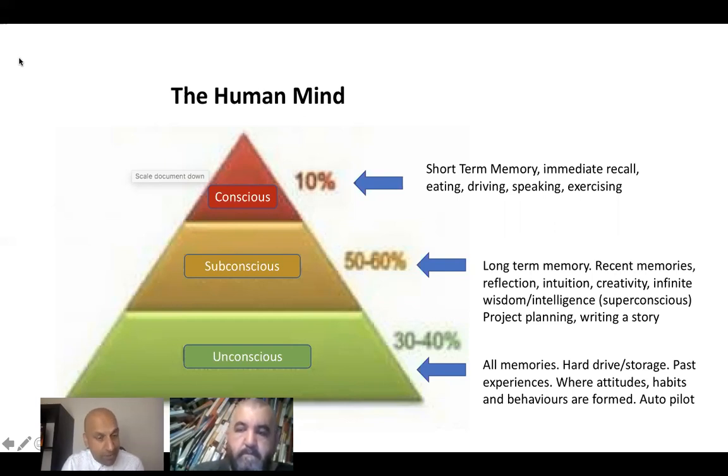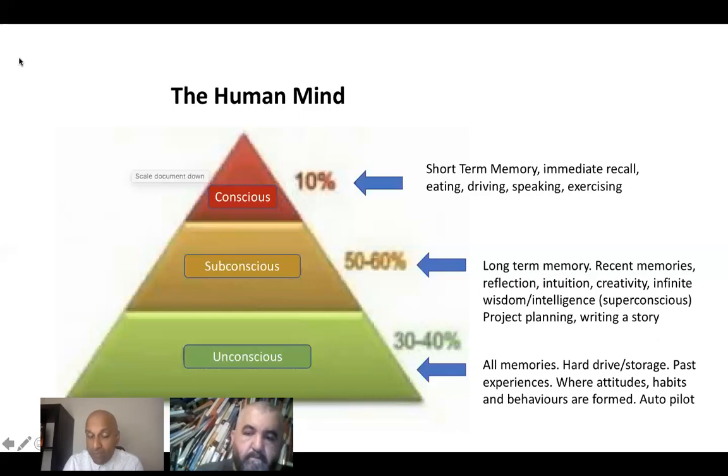Now, the actual layer behind the conscious mind is the subconscious mind. Some may argue that this is quite a dominant part of the human mind, around 50 to 60%, possibly. This is now leaning more towards your longer term memory, and within the longer term memory, you may have more recent memories.